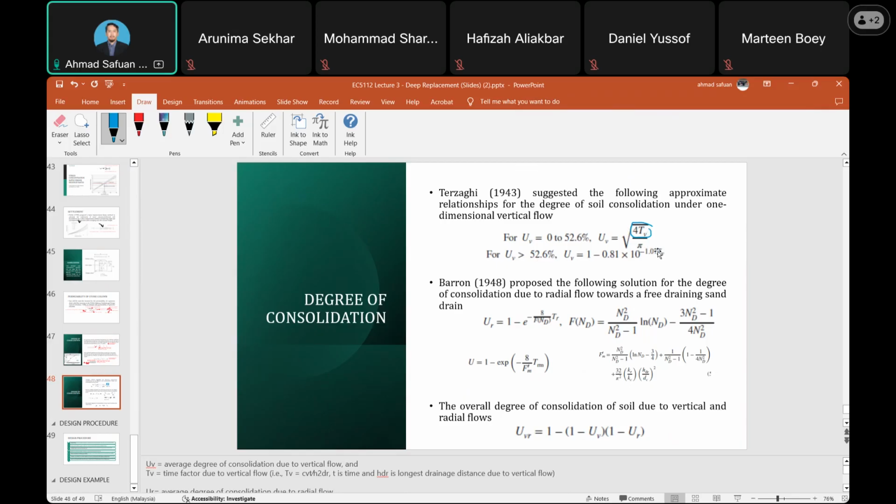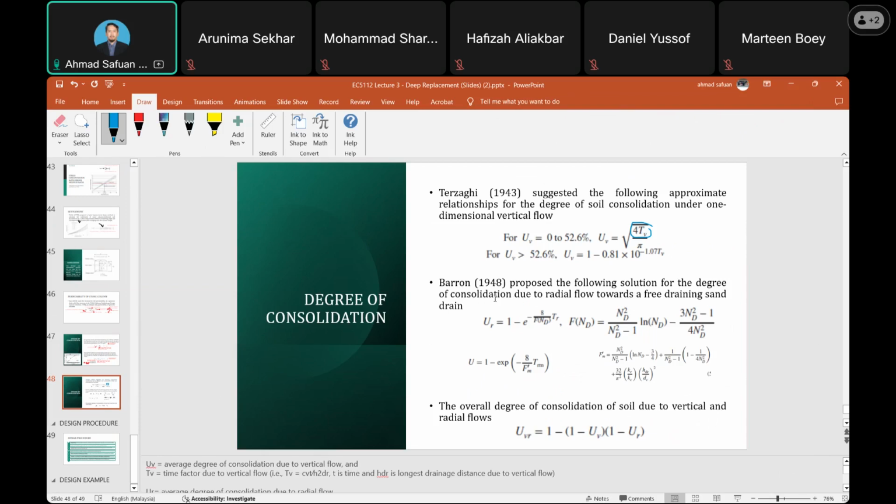Later on, to get the UR, the equation is a little bit longer. So this is the equation for the UR.